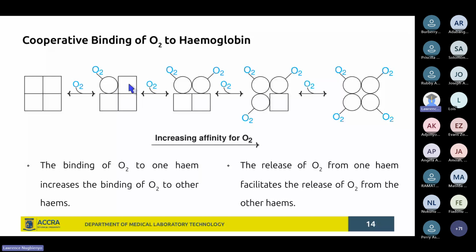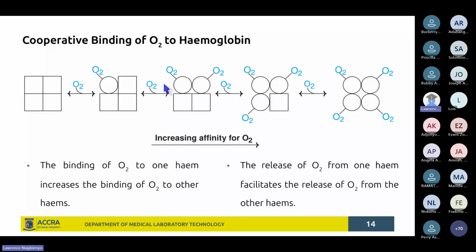Now, what that does is that the moment one molecule of oxygen binds to one of the subunits, it increases the affinity of hemoglobin for oxygen. Then, a second oxygen molecule comes to bind to another subunit.